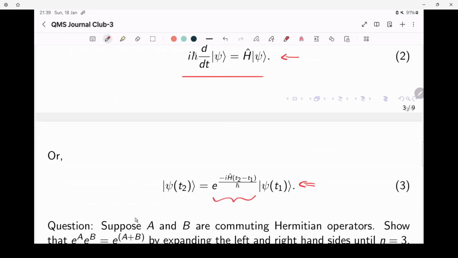Over here, H-bar is an operator, what we call the Hamiltonian. It encodes all the information about the dynamics of your quantum systems, and it gives you the eigenvalues of the total energy of the quantum systems. So this is the part where I want to explore a little bit further.